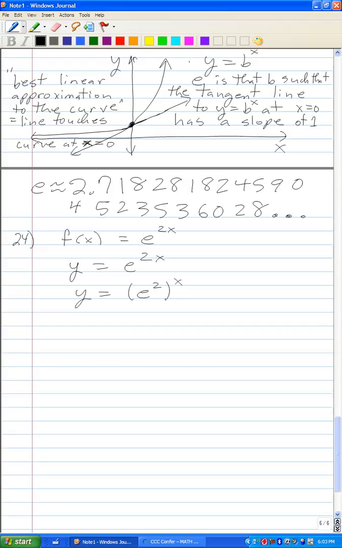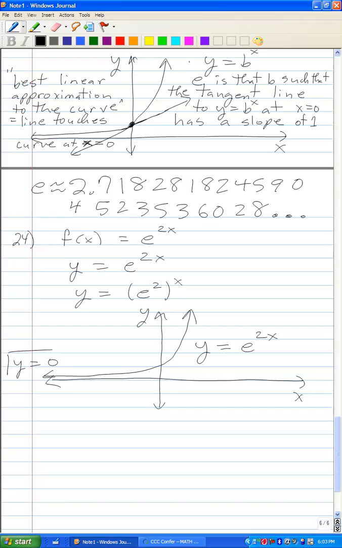It's going to be something like 6 or 7. And so, since the base is greater than 1, it's going to look something like this. So this is a graph of y equals e to the 2x. Of course, the horizontal asymptote is just y equals 0 and it intersects at 0, 1. Okay.